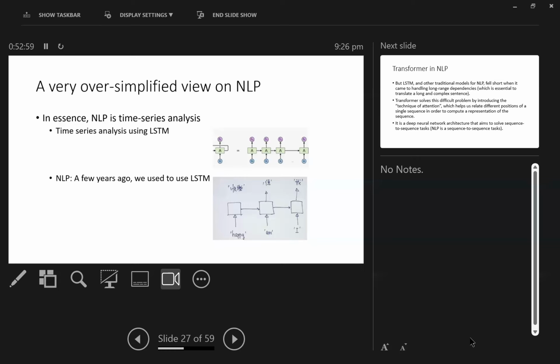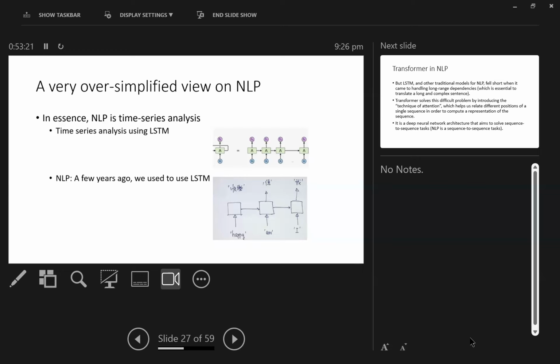So this is kind of natural language processing. So what I'm going to say is LSTM is already a very powerful tool that people use to apply on natural language understanding applications. Okay, so this is what we have.